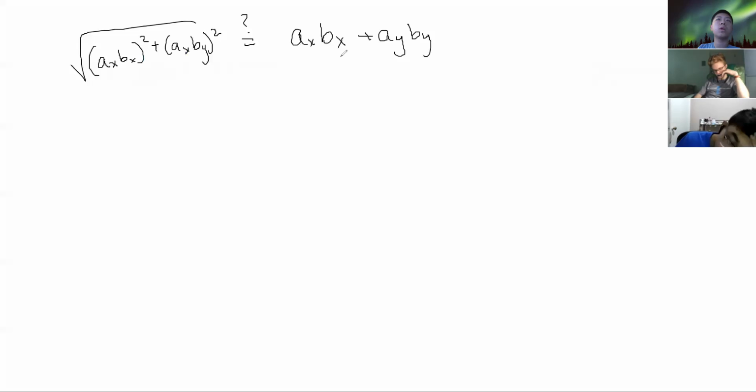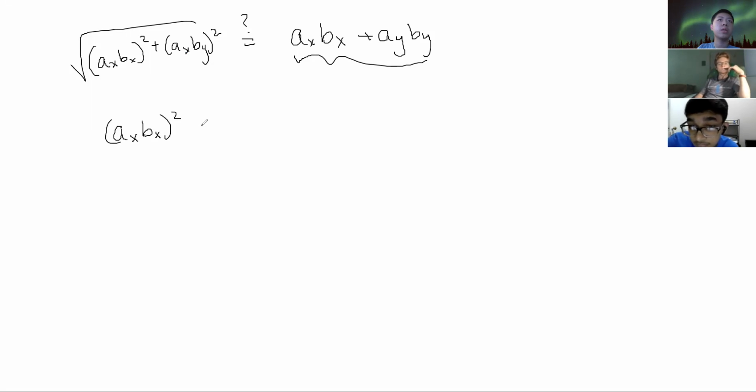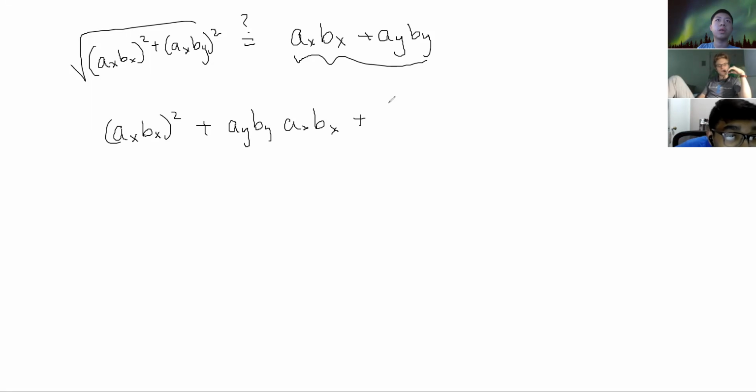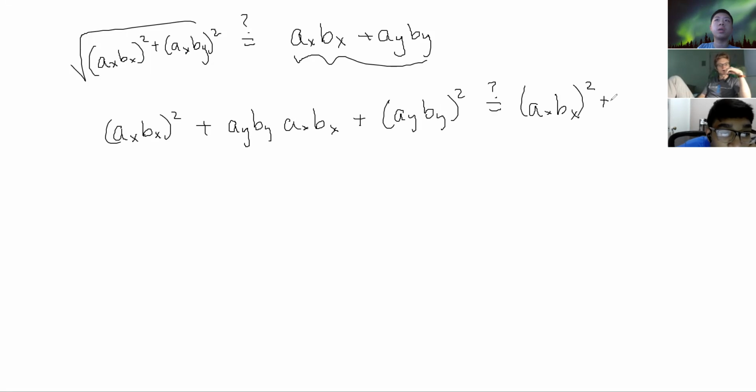All right, so what happens when we square this? When we square this, we get ax bx squared plus ay by ax bx plus the second part squared, which is ay by squared. And is this equal to ax bx squared plus ax by squared?